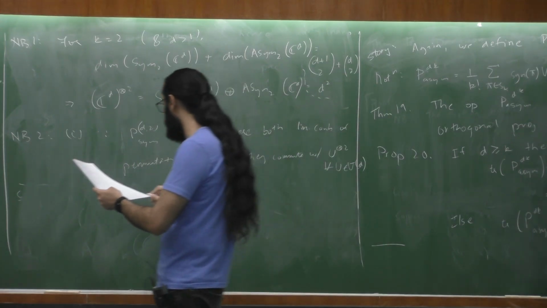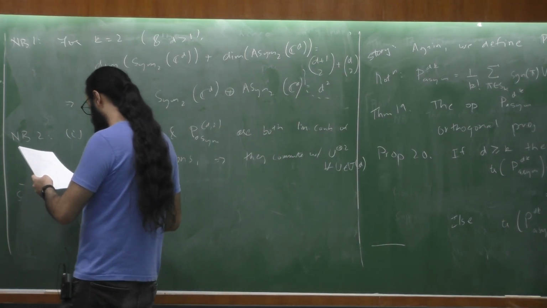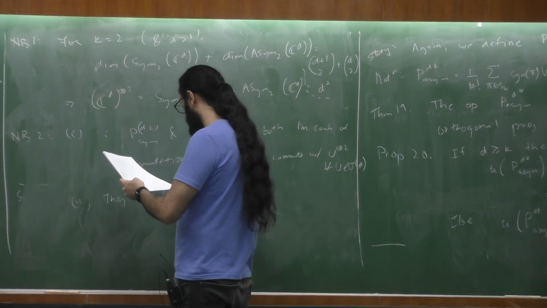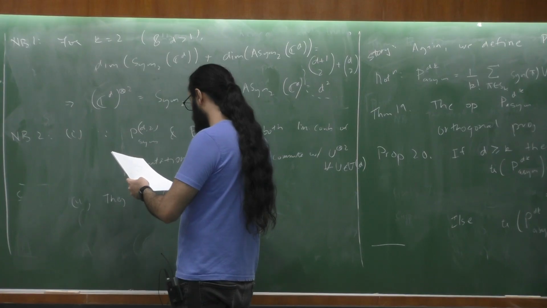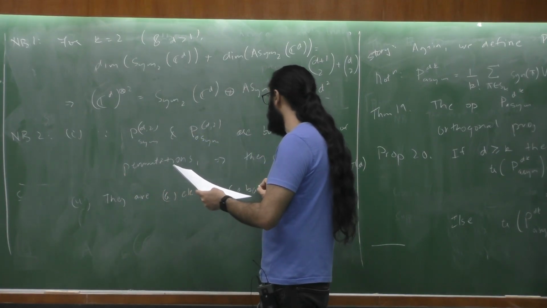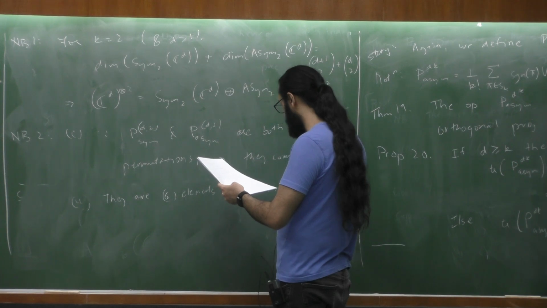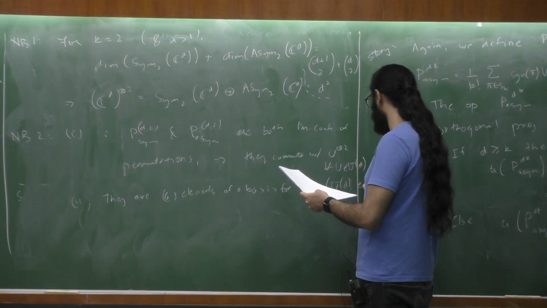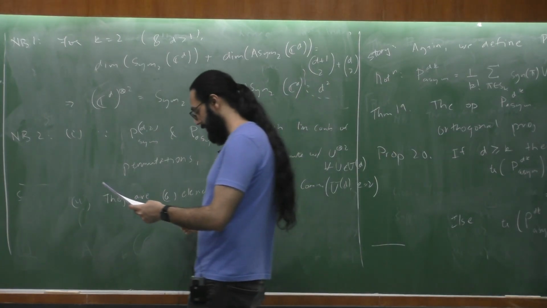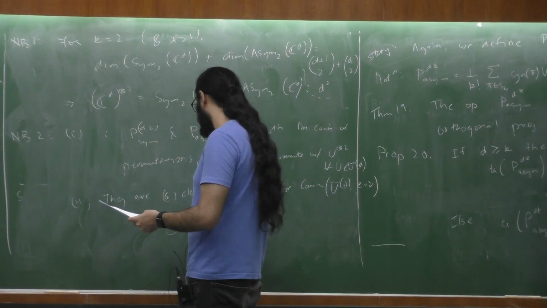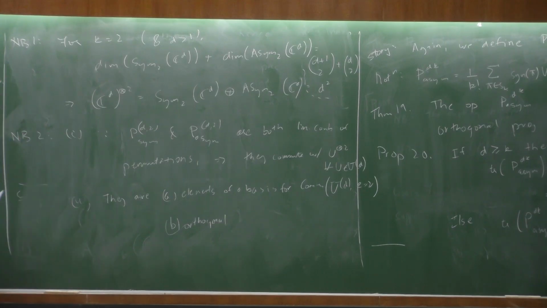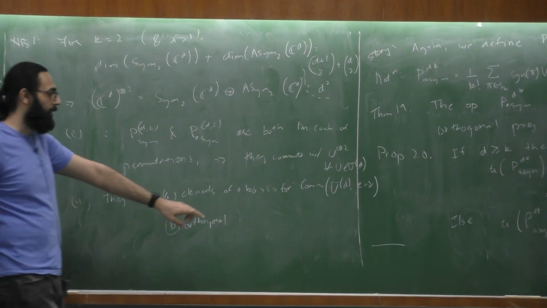That was the definition. Okay. So they are elements of a basis. They're also orthogonal, right, from before. So they're elements of a basis for the commutant for k equals 2. Orthogonal, and the dimensions match. So basically all it's saying is that you can just use it as a basis for the commutant for the case where you have only 2 systems.